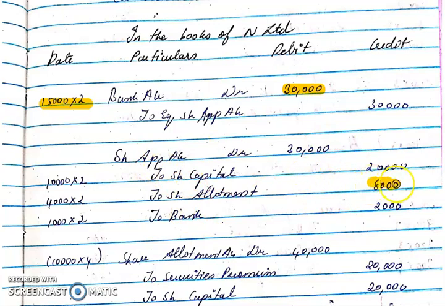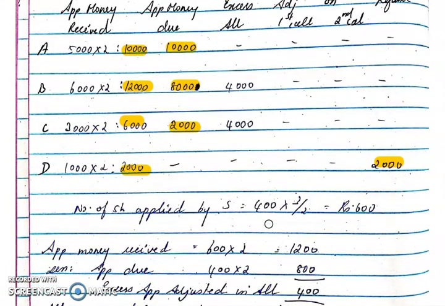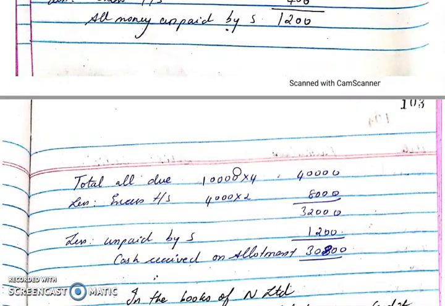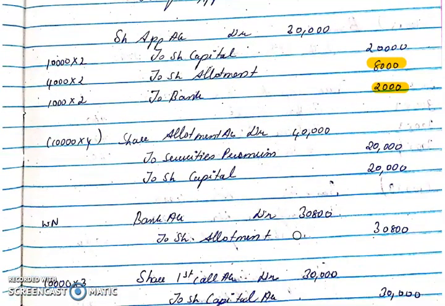Next entry, as we found out from the table, it will be easy for you to work out here. Pro rata allotment was made for 8,000 and the refund is 2,000. The excess money, 4,000 plus 4,000, that is 8,000, will be the amount which is being adjusted, so I have shown it in the share allotment as 8,000. The next one will be share allotment account debit to securities premium and share capital.